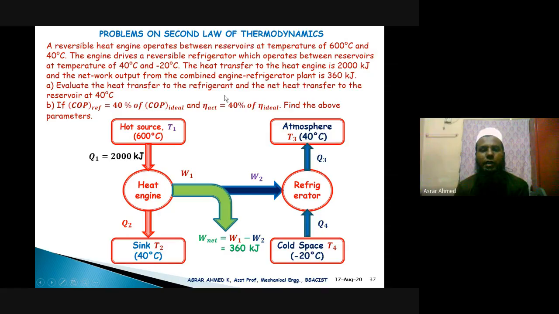So refrigerant means what? Refrigerant is a liquid or two-phase fluid which is flowing inside the refrigerator. Okay, so that is circulated for producing the cooling effect. So now what we are doing in the cold space is we are removing the heat from the cold space and it is being supplied to the atmosphere.